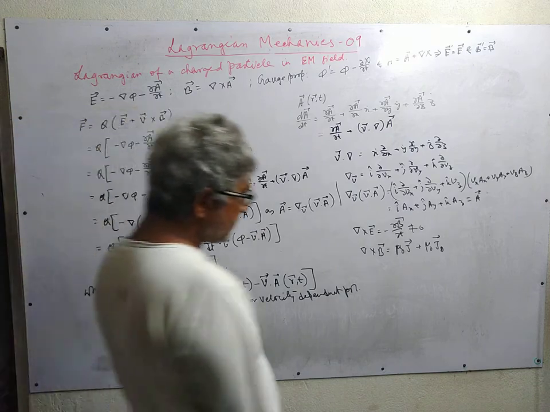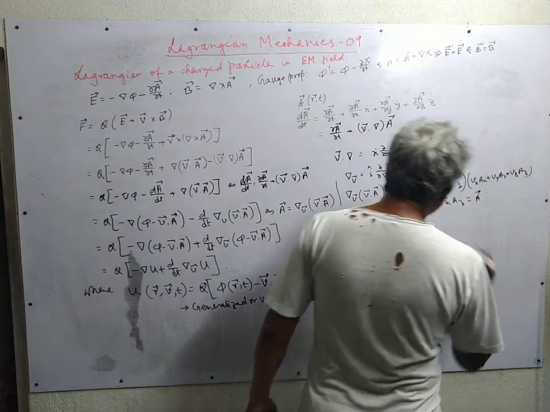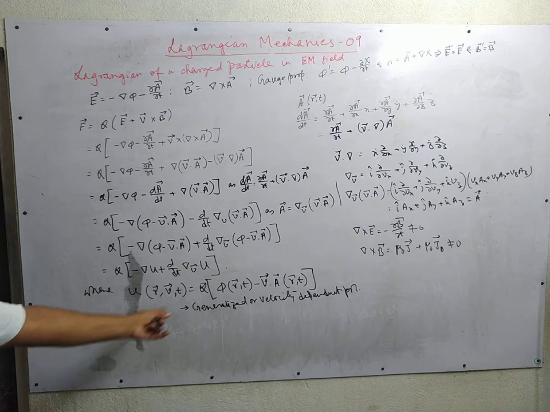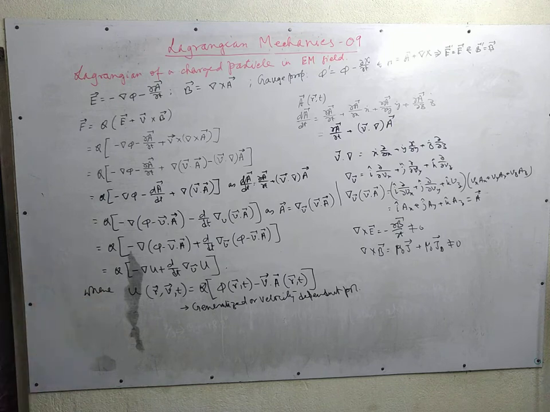So again, this is not equal to 0. So the electromagnetic force is not at all a conservative force. The non-conservative force, as we have talked earlier, can be accounted for by a velocity dependent potential. This is a specific example where the potential is a velocity dependent potential.